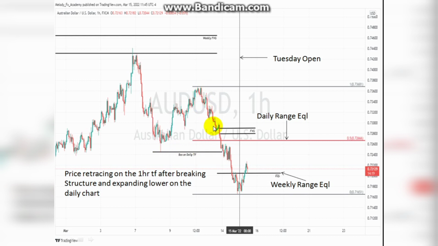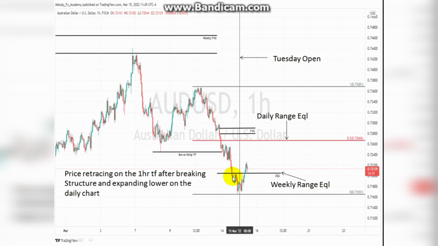So price broke down aggressively, and all we have to do is measure this range, because price just kept on expanding lower, expanding lower, expanding lower without a major form of retracement, until it broke structure to the downside.